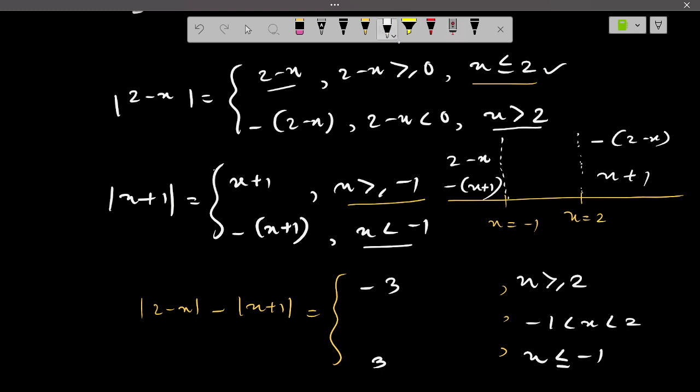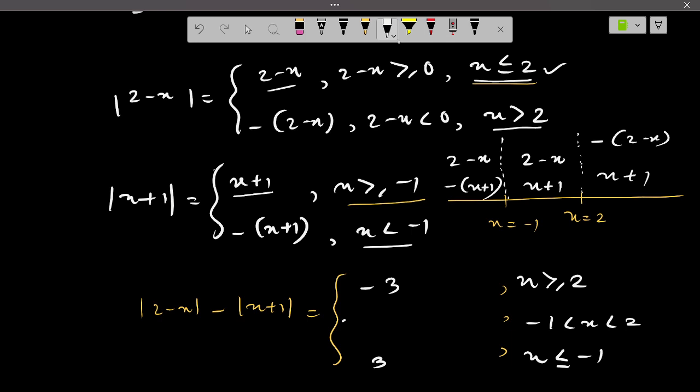So I think I have given sufficient time to think about this one. Greater than -1, if you look carefully, it will come from here, which will be x plus 1. So it is x plus 1. And lesser than 2, that means this condition is satisfying and it is nothing but 2 minus x.